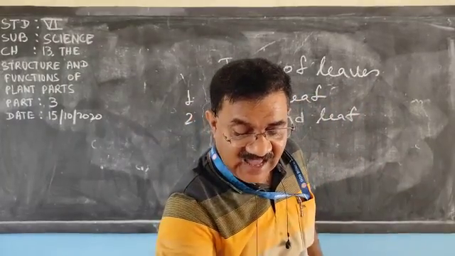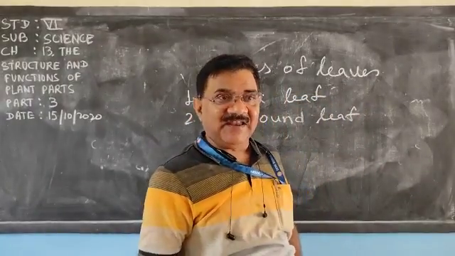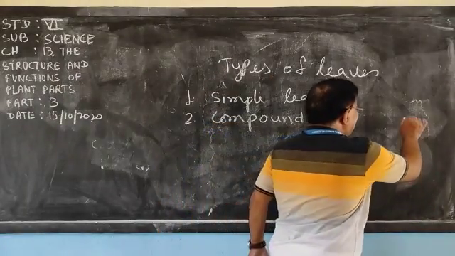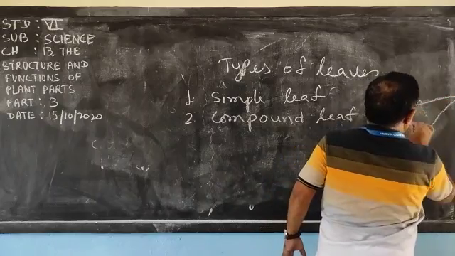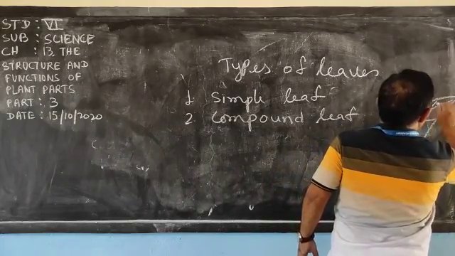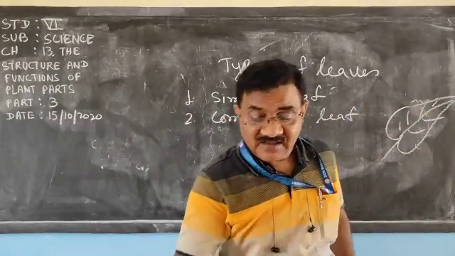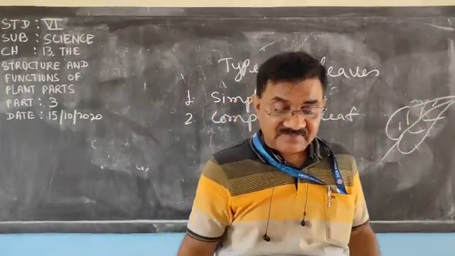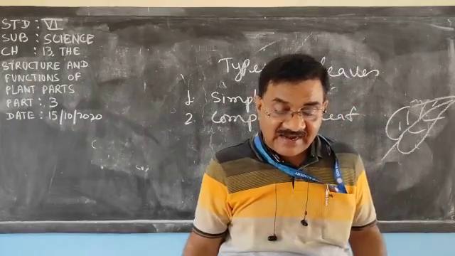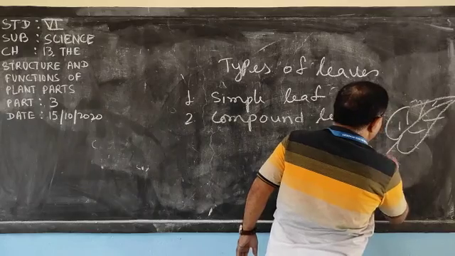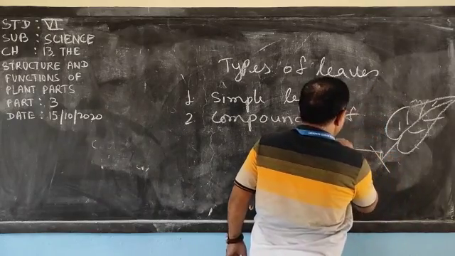A simple leaf has an undivided lamina. The leaf lamina is undivided. The entire leaf is present, no cutting is there. And one more thing, there should be a bud in the axil.